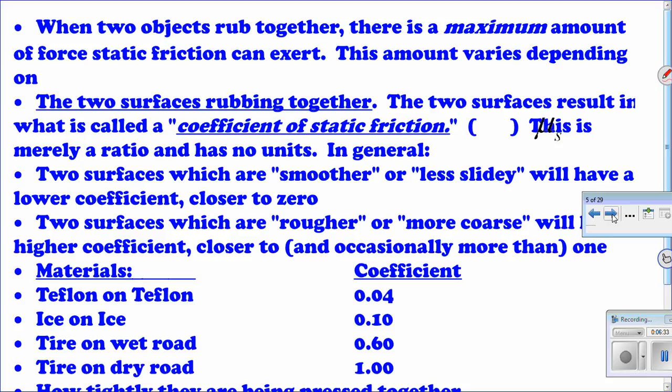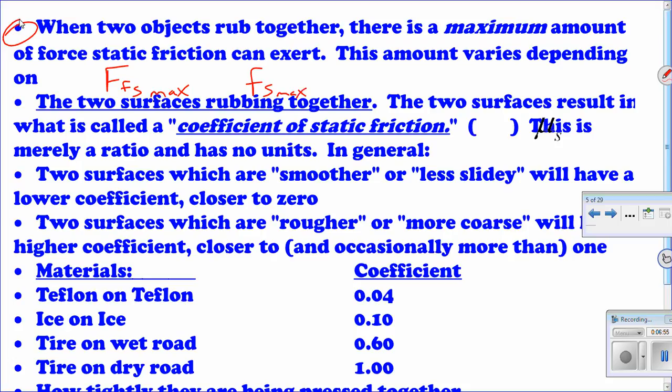I apologize. Anytime two objects are rubbing together, there's a maximum amount of force that static friction can exert. We're going to denote that as force of friction static max. I think the book just uses FS max.